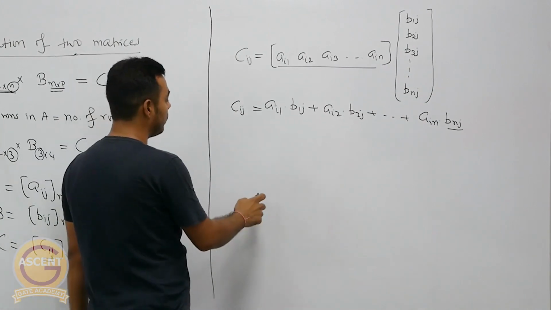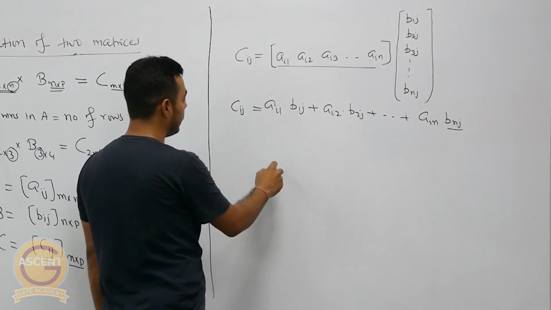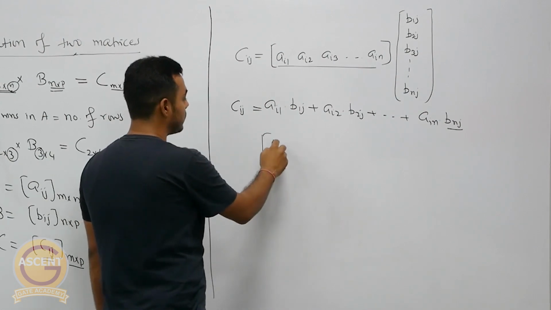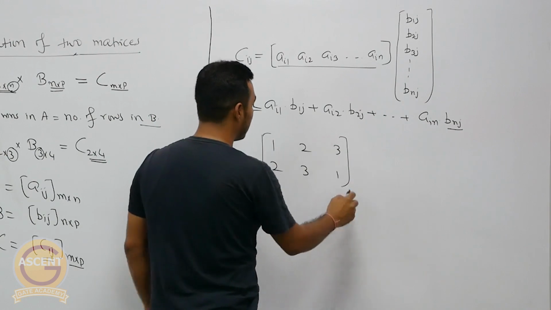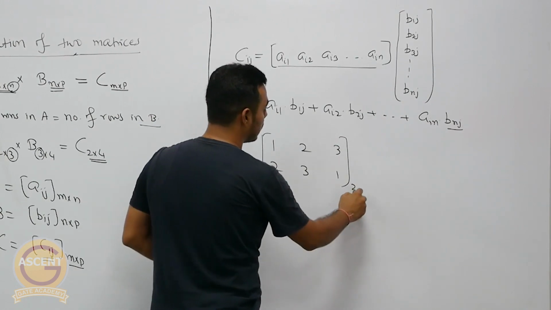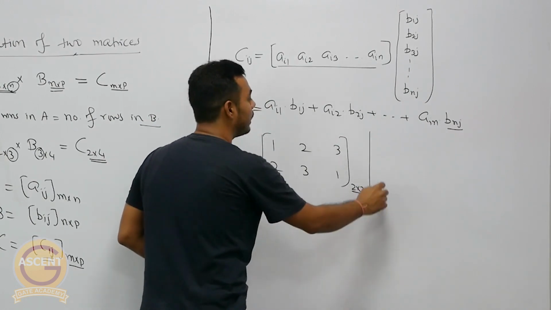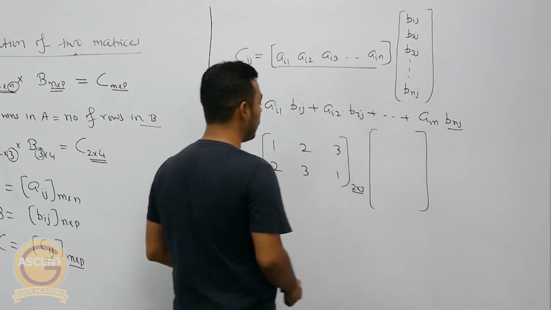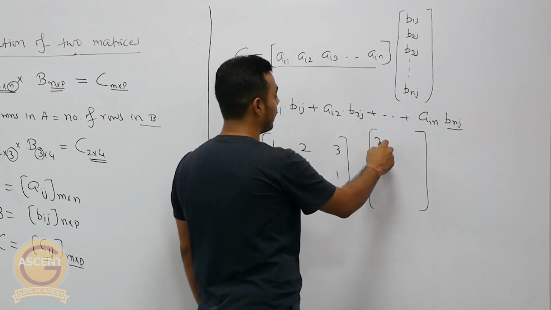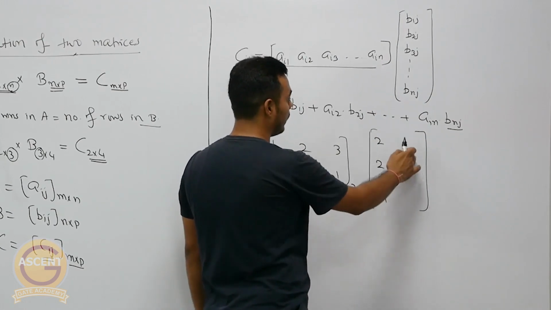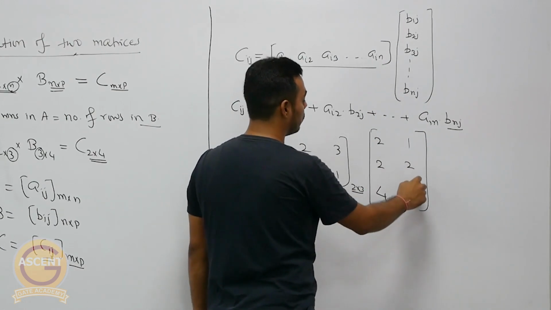Now suppose I have to multiply two matrices. One matrix is 1, 2, 3, 2, 3, 1. This matrix has 2 rows and 3 columns, so another matrix B must have 3 rows. Suppose our second matrix is 2, 2, 4, and then 1, 2, 6.